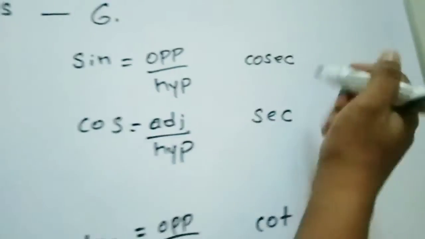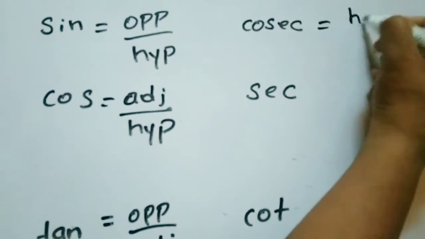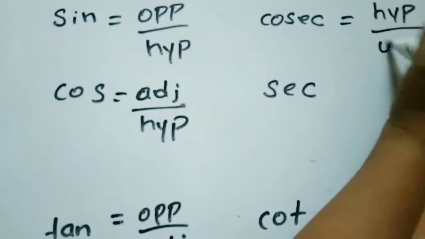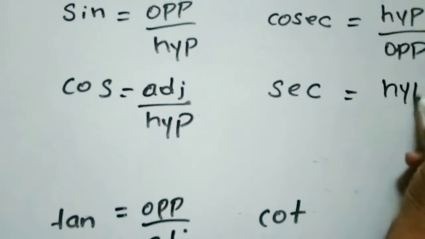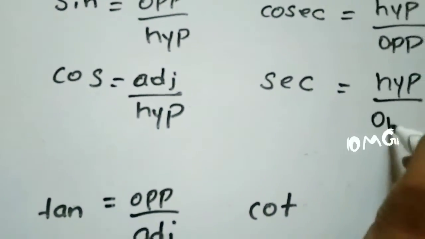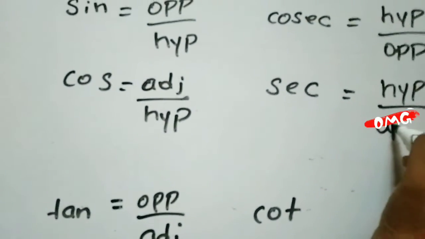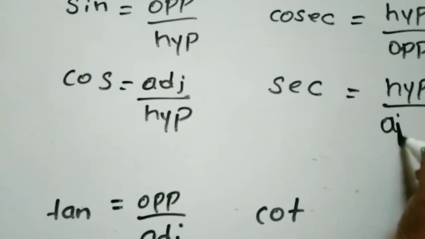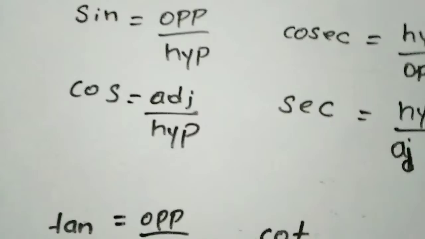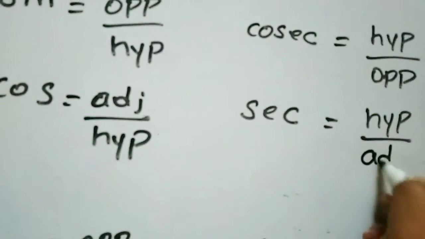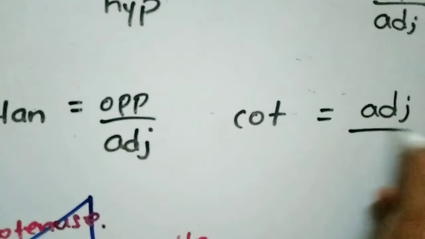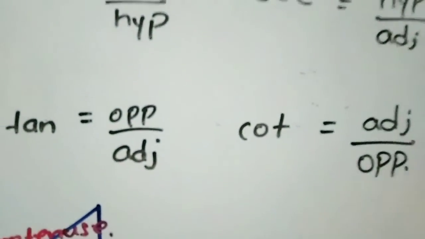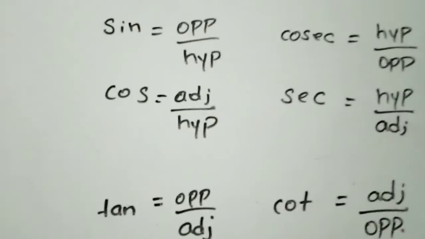Reciprocal means upside down of these ratios. Cosec is hypotenuse over opposite, the reciprocal of sine. Sec is hypotenuse over adjacent, the reciprocal of cos. Cot is adjacent over opposite, the reciprocal of tan.